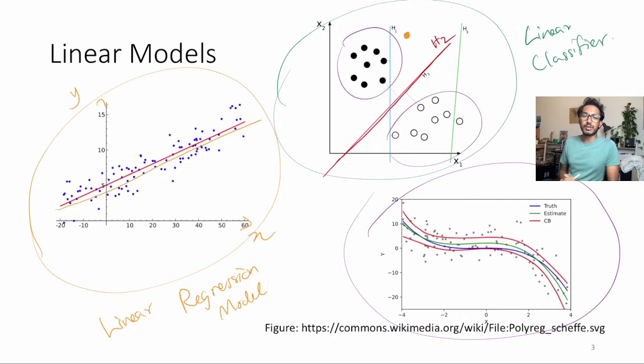We will be talking about a couple of these linear models. Specifically, we'll be focusing on linear regression models this week and the next week as well, probably. We won't go much into linear classifiers, but maybe towards the middle of the semester we'll be talking a little bit about classifiers, and then we'll revisit the concept of the linear classifier.